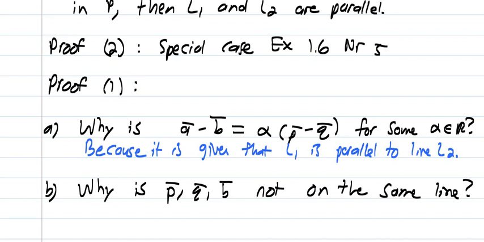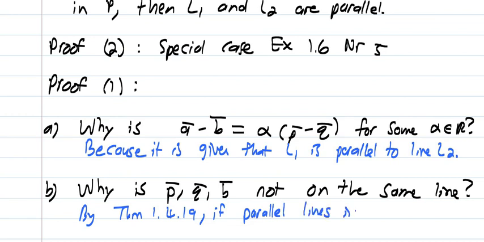The next question. Why are P, Q, and B not on the same line? First of all, by theorem 1.4.19, it tells you something cool about parallel lines: if parallel lines intersect, they are the same.